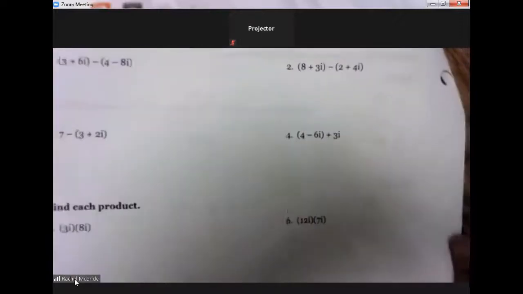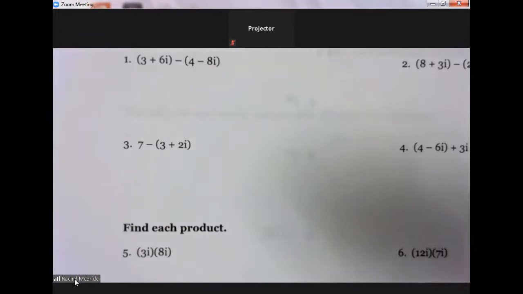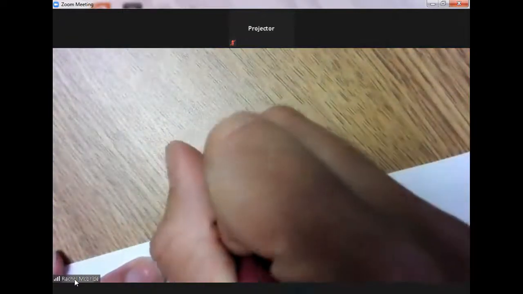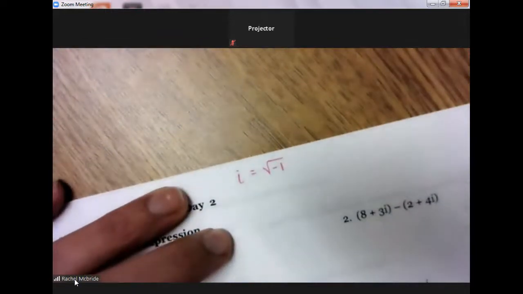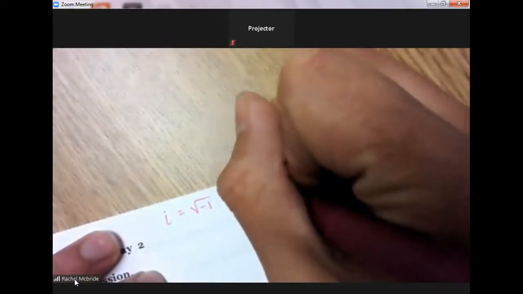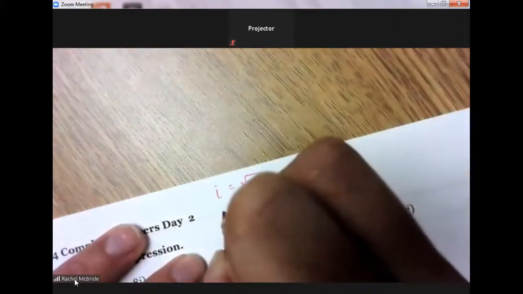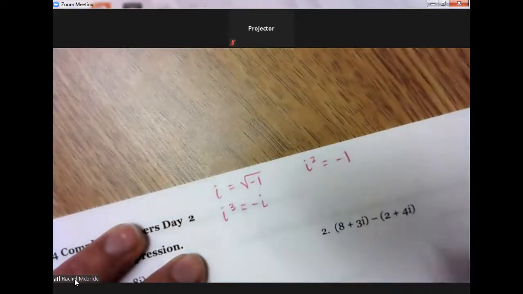Complex numbers, we are looking today at hopefully what you think is super easy, because essentially we treat i like a variable. So if you recall from the other day, there are 4 powers of i. i itself represents the square root of -1. i squared is -1. i cubed is -i.